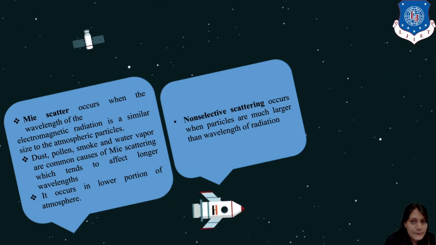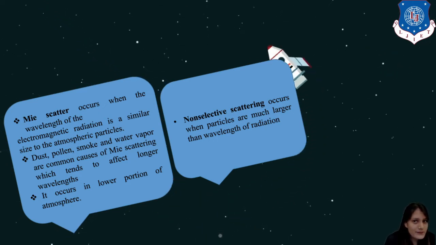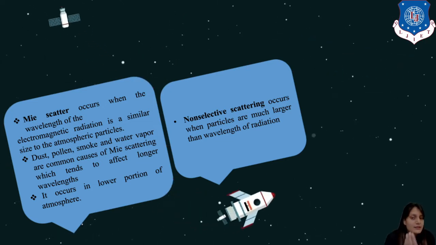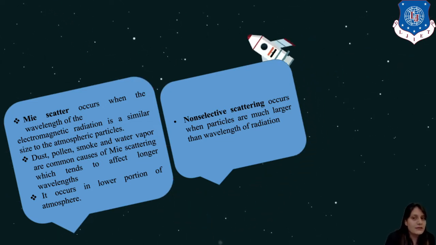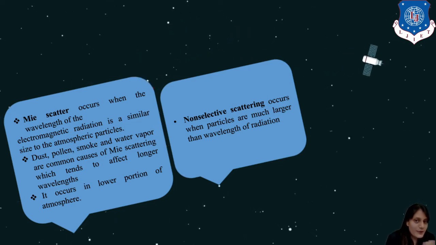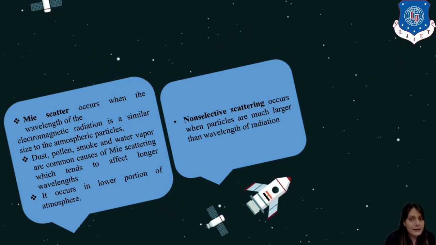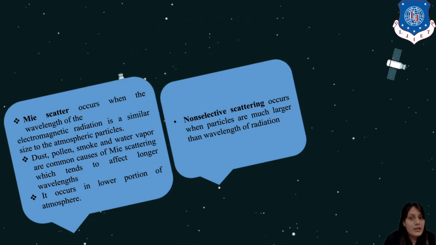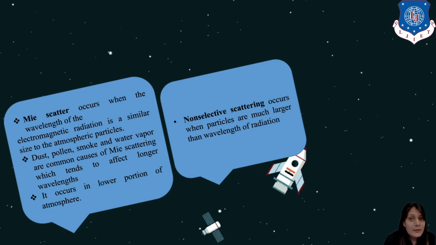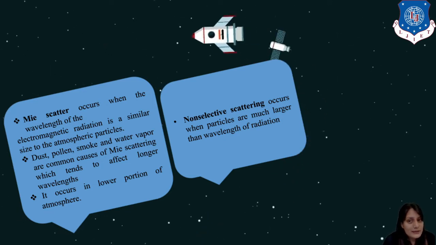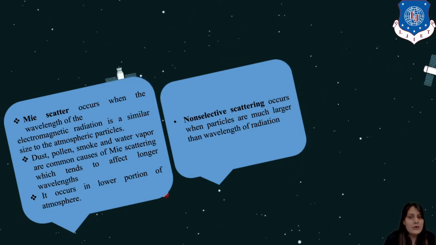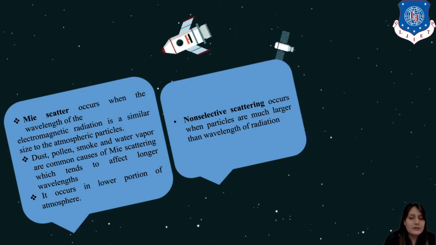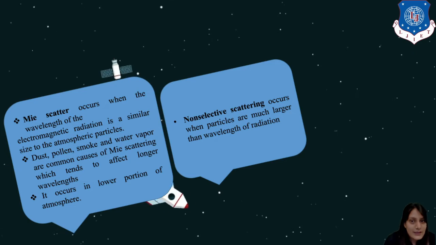Is that scattering? Yes, remember that? When sunlight comes into our room, you can see the small particles around. That is scattering. The energy is being redirected, but it is not much affected because the wavelength is larger than the particle size, right? So this is about non-selective scattering, which is more for larger particles.